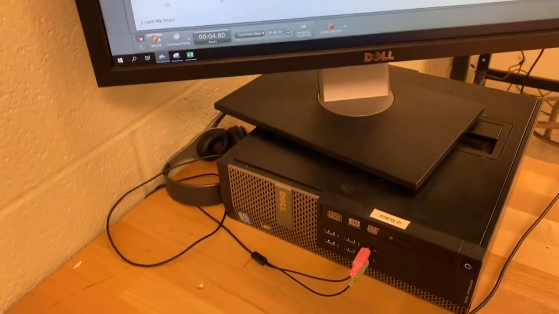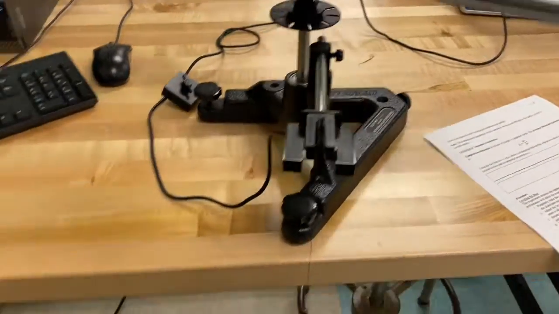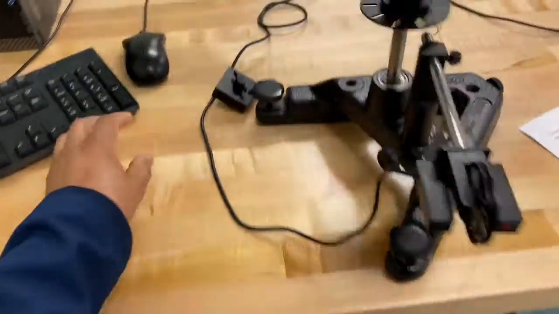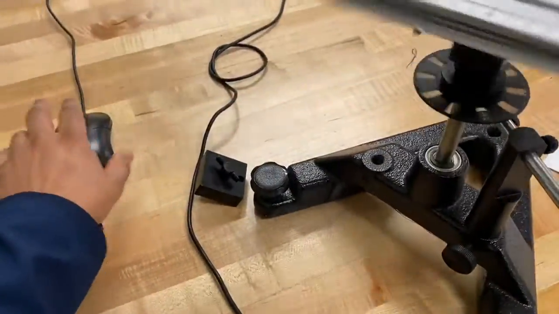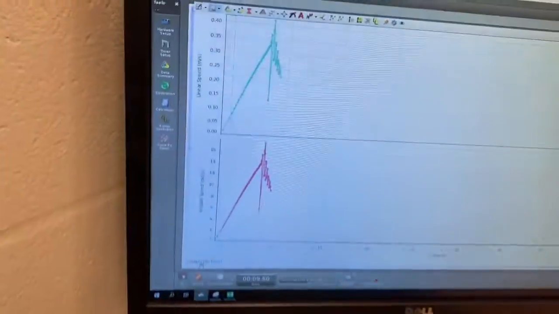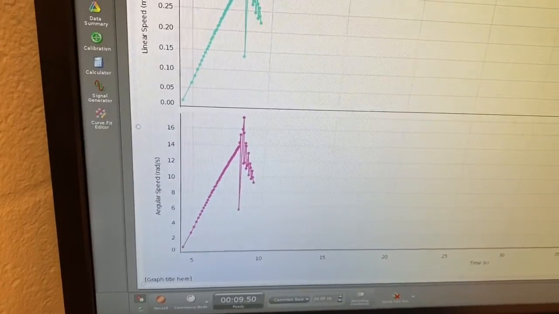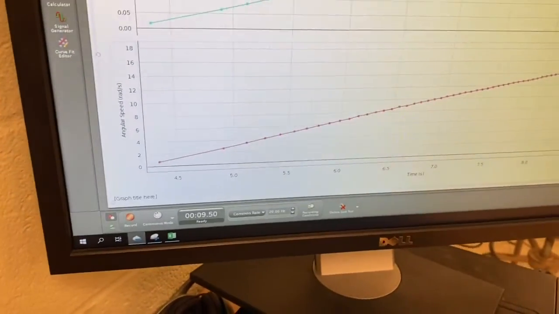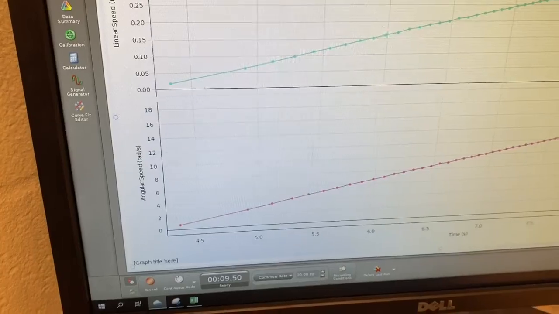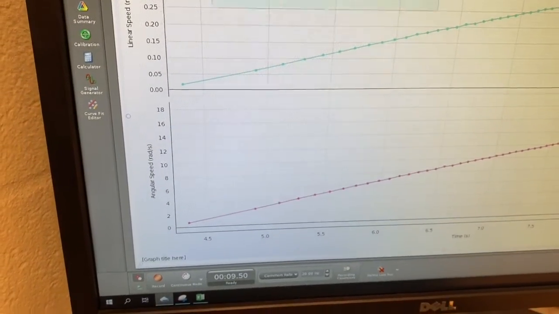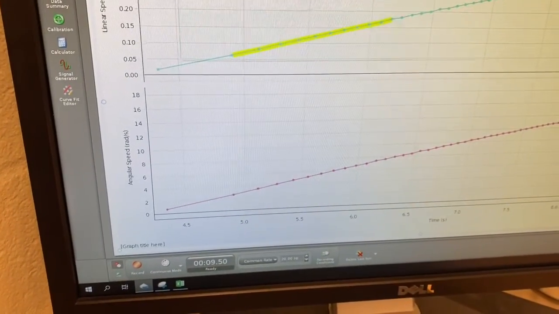I'm ready to record the data without the point mass. Let's record the data. So I'm going to hit record here, and I'm going to let this go from rest. So it's moving now. I need only few data points, so stop recording. Now I can find the angular and linear accelerations. So again I'm going to select only the linear portion of the graph to get the accelerations.